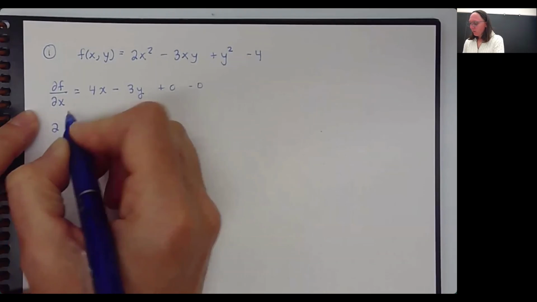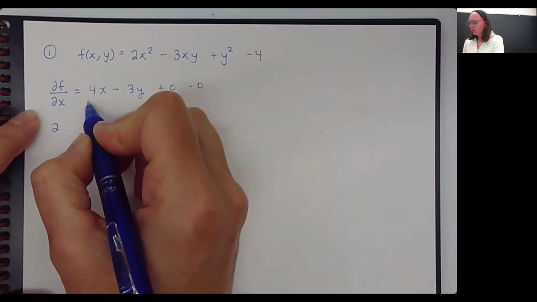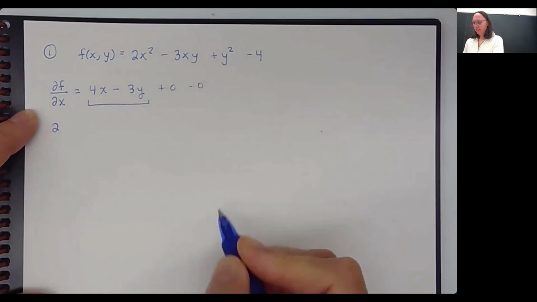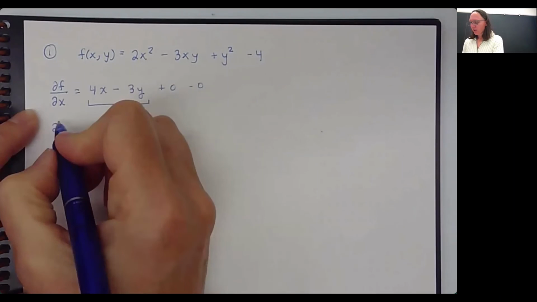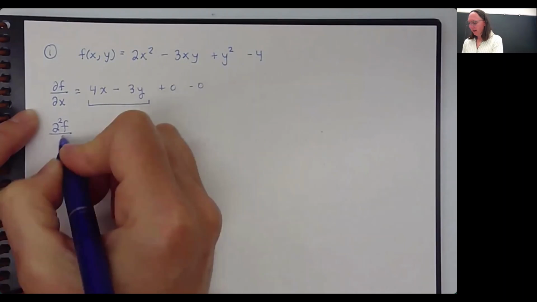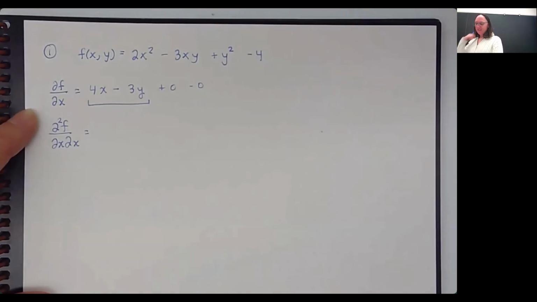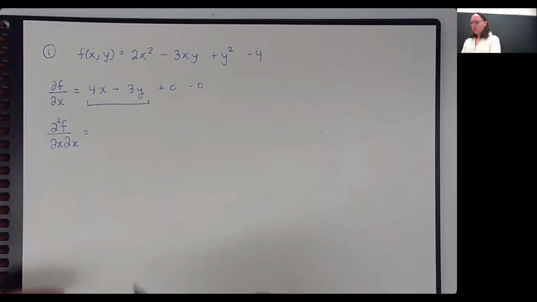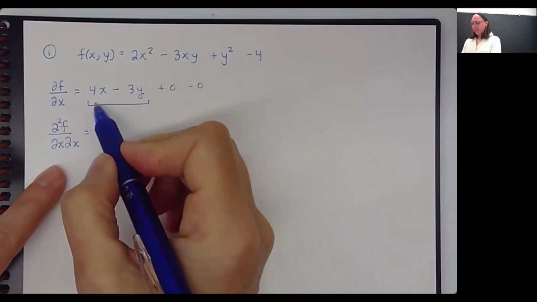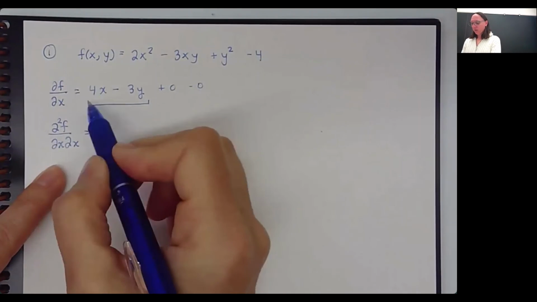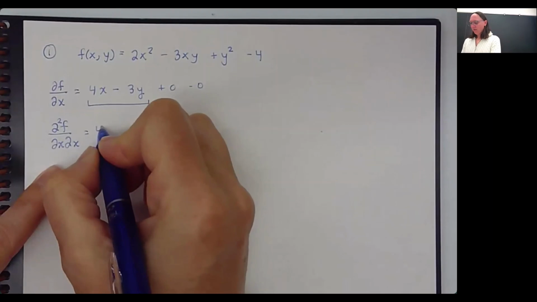Now this becomes my new starting function for the second derivatives. When I do the second partial of f with respect to x twice, I'm starting here and saying, okay, the derivative of this with respect to x is 4.